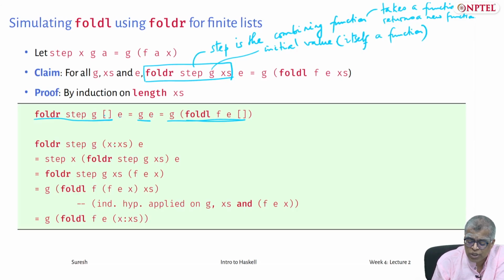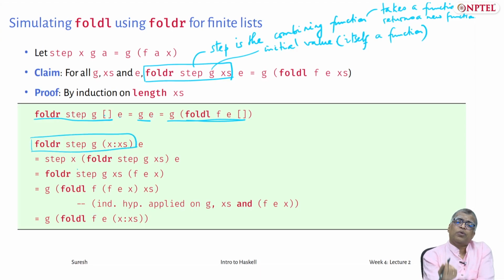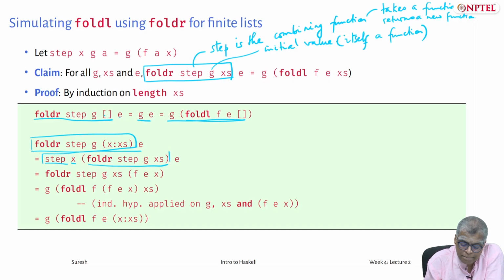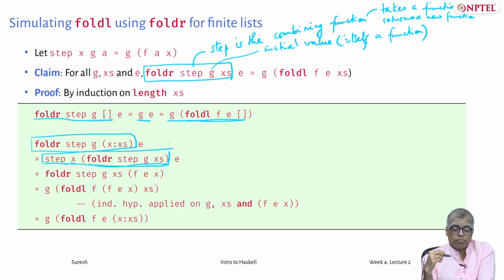Foldr step g (x:xs) applied on e, but forget the last e. Just look at this. If you go by the equation of foldr, it is just step applied on x and foldr step g xs, and then this whole thing applied on e. Here is where you use the definition of step.